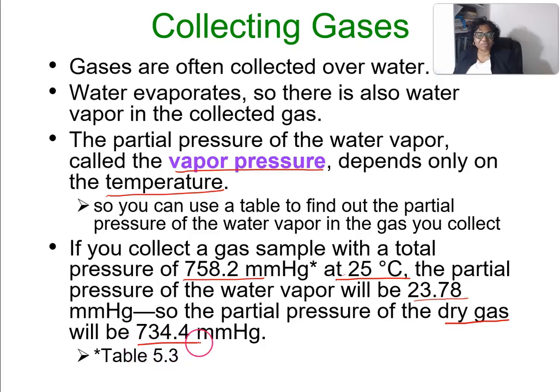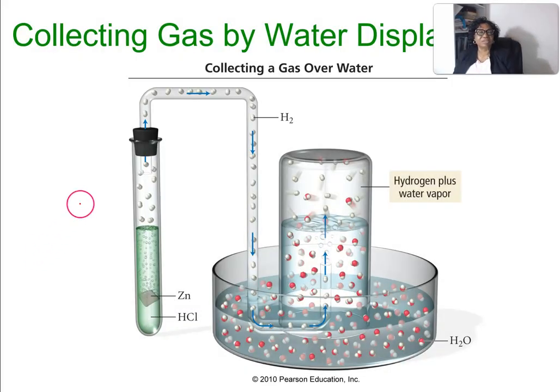And that will give you 734.4 millimeters mercury. So this is just an example of how gas is collected over water.